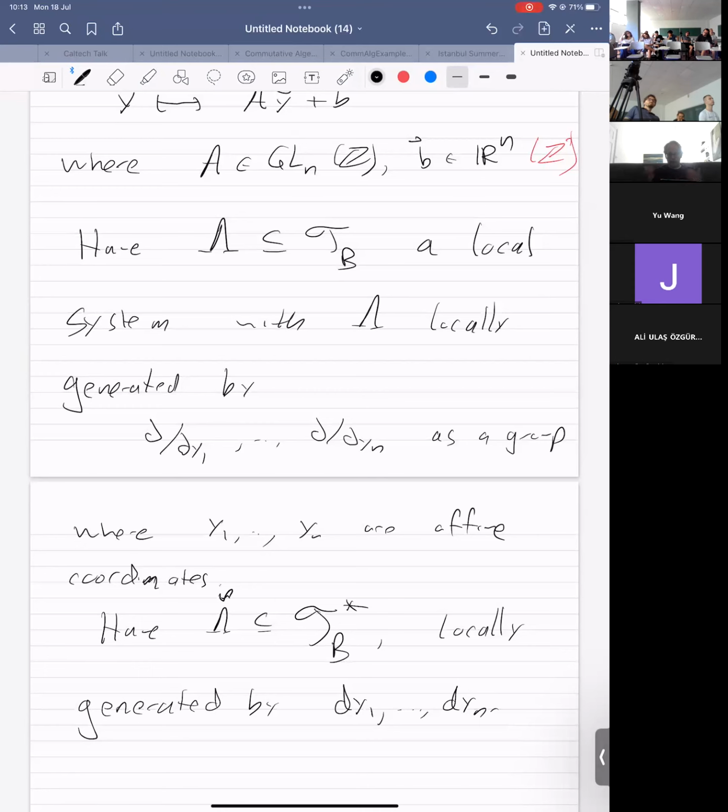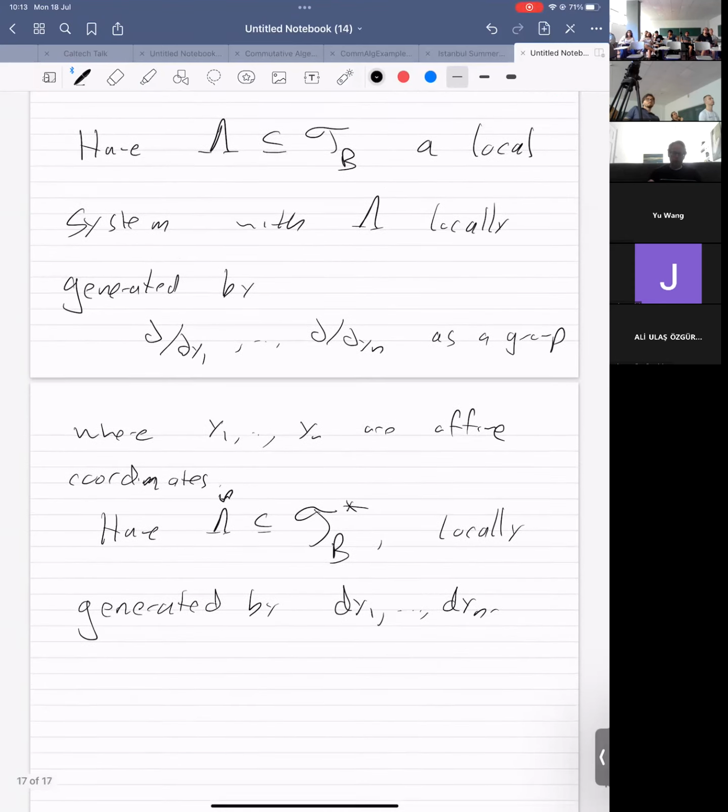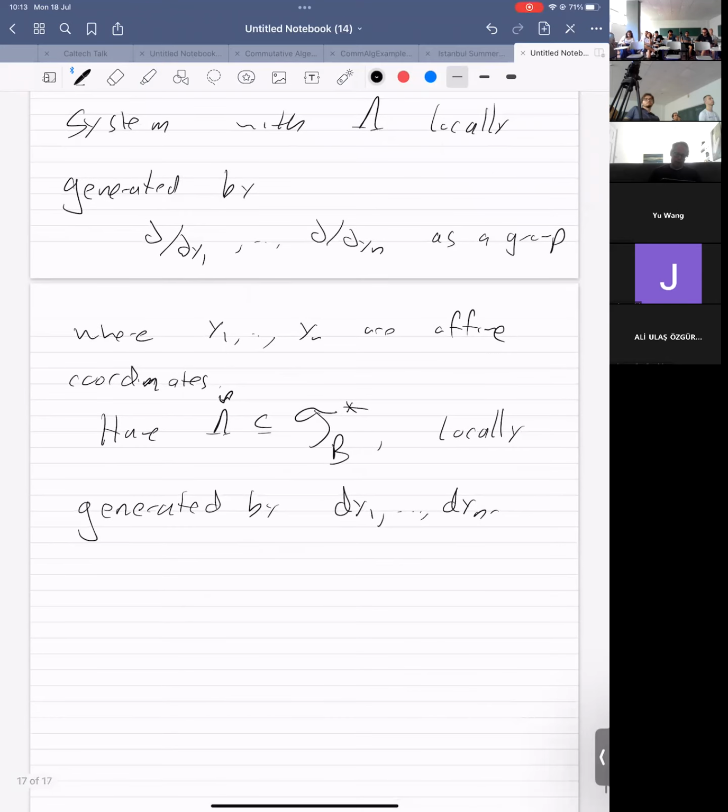And again, under affine linear change of coordinates, that lattice is well defined. Okay, so what do we do with this? Now we define X(B) as the tangent bundle of B modulo Lambda. So we divide out each tangent space by the corresponding lattice. And this maps down to B. This is a T^n bundle.